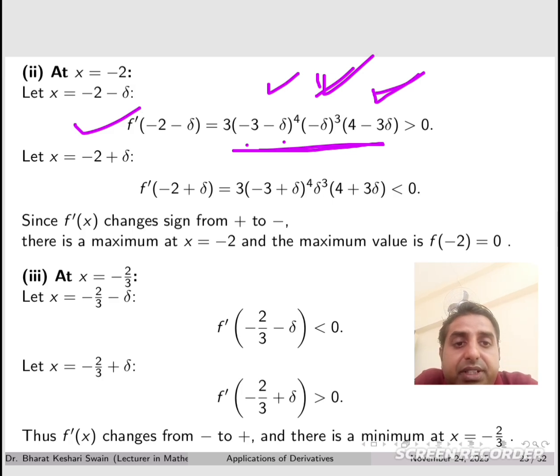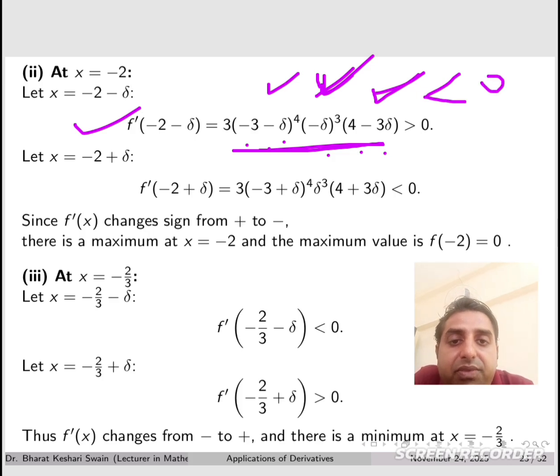That's why it is less than 0. But it is also a printing mistake, I think, because for minus 2 minus delta we got minus delta cubed, then 4 minus 3 delta. 4 minus 3 delta is positive, minus delta cubed is negative, so positive, negative, positive. So it should be less than 0.